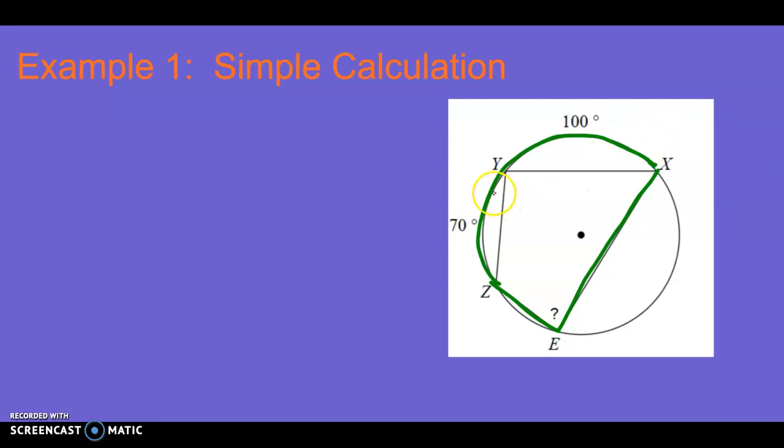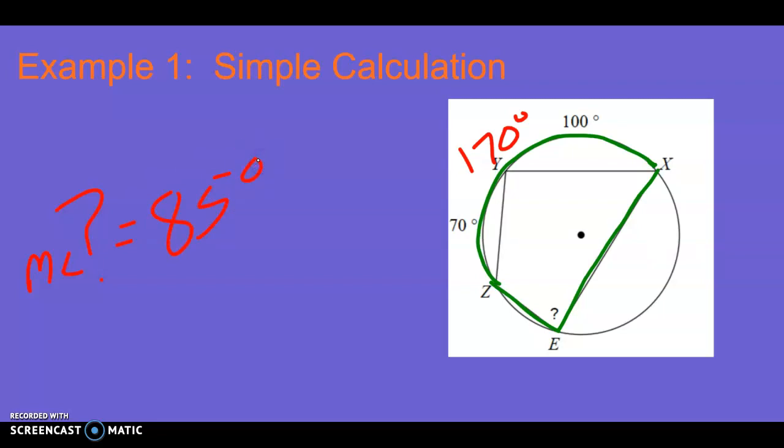So we have two separate arc measurements there. Arc ZY is 70, arc XY is 100. So the total arc length must be 170 degrees. So in order to find the measure of angle question mark, the measure of angle question mark is going to be half the arc it cuts, so it is 85 degrees.